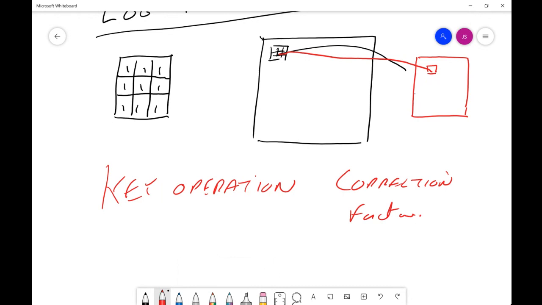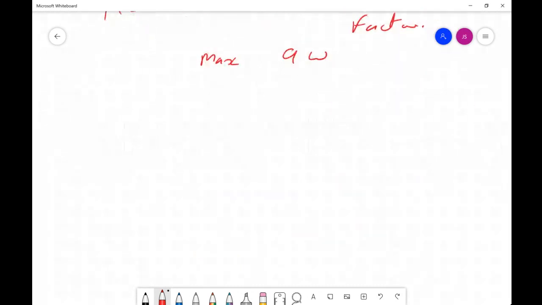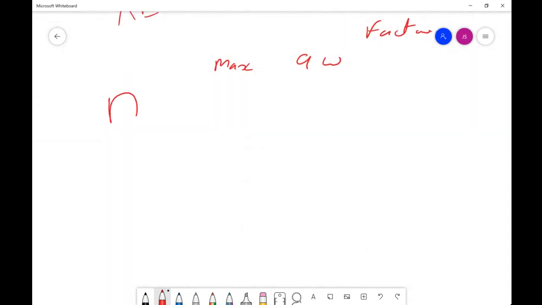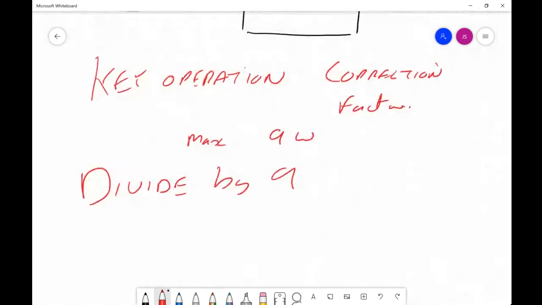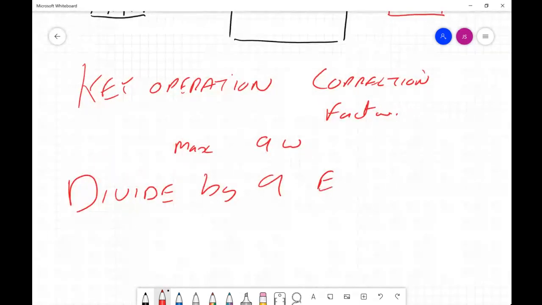They're all going to be added up. Maximum is 9W. So we can have a pixel value of 9W. It's impossible on a fixed image resolution. So we have to correct it, divide by 9. Every pixel in the filtered image.